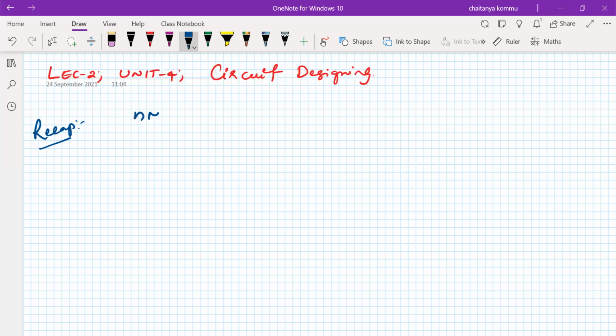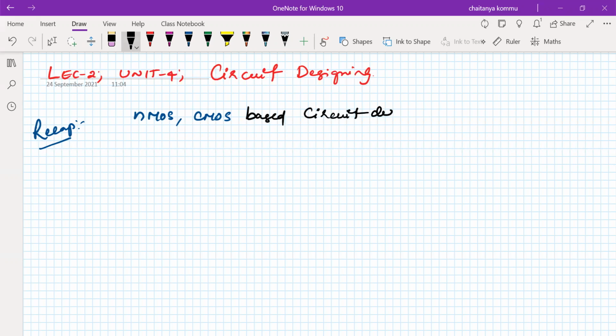Based on NMOS technology and CMOS technology, circuits have been realized.